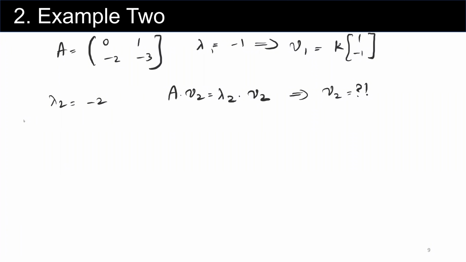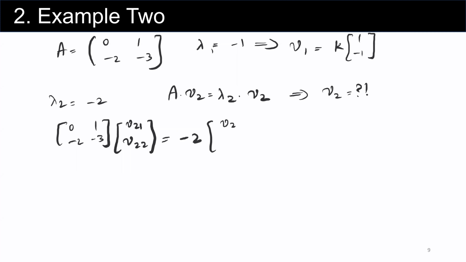All right, now let's take a look at the answer for this. So we have A = [[0, 1], [-2, -3]] multiplied by V2, which is [V2_1, V2_2], equal to lambda 2, which is -2, multiplied by again V2, [V2_1, V2_2].